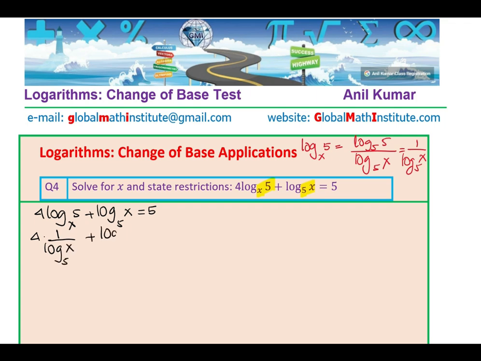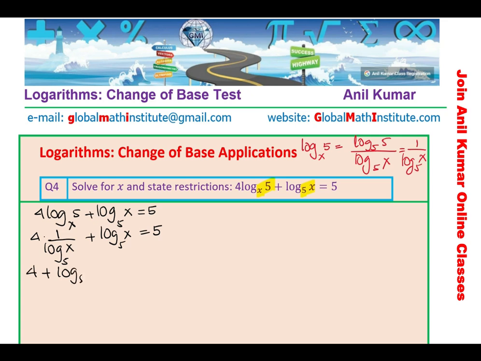Plus we have log to the base 5 of x equals 5. Does it make sense to you? So we made it a reciprocal kind of a thing, right? Now we'll multiply by log to the base 5 of x. Okay, so we get 4 plus log to the base 5 of x whole squared. Do you see that? Equals 5 log to the base 5 of x.